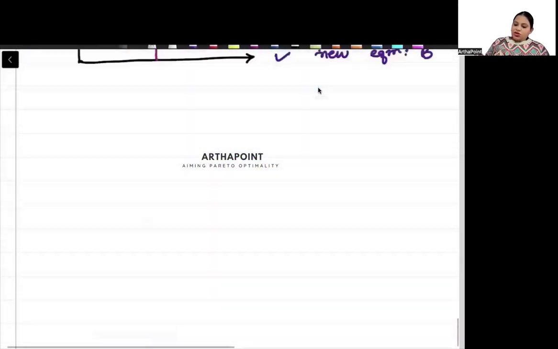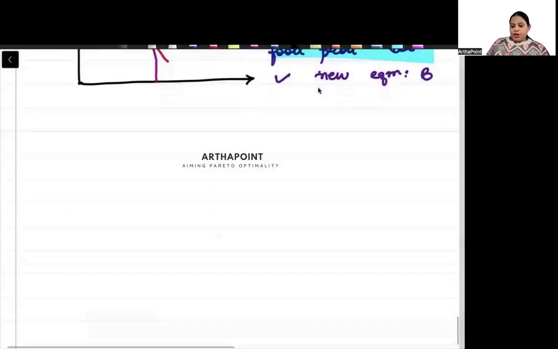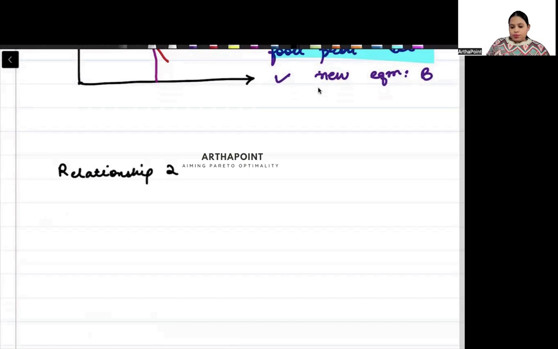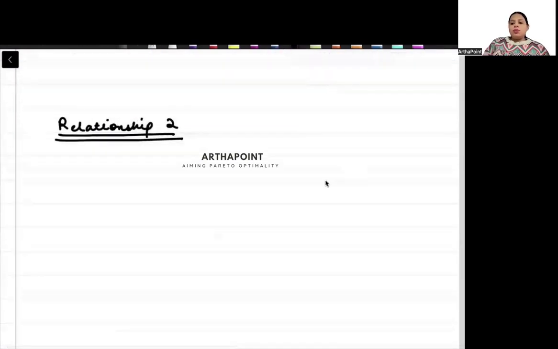Let's go to the second relationship. Relationship 2. So now we want to talk about relative prices and the relative demand curve.